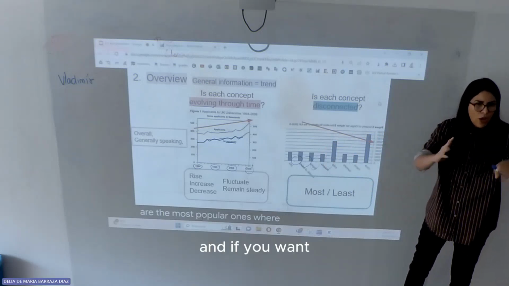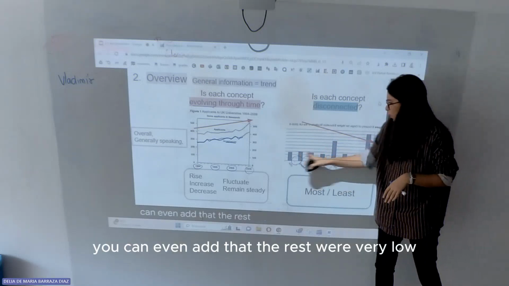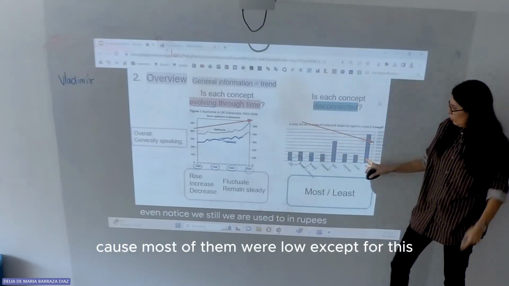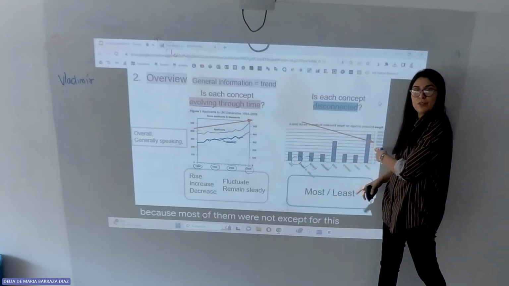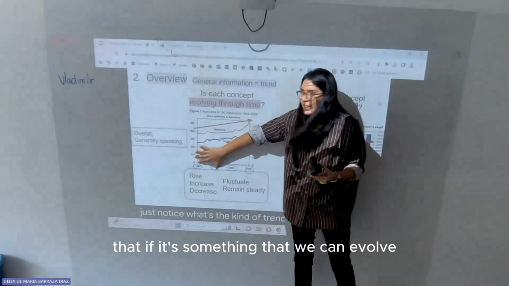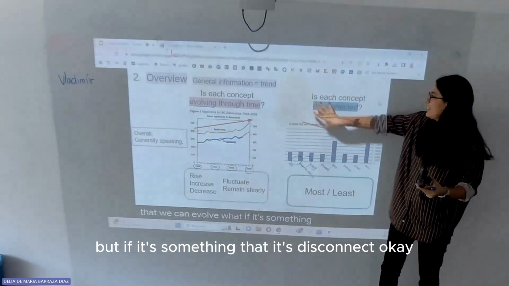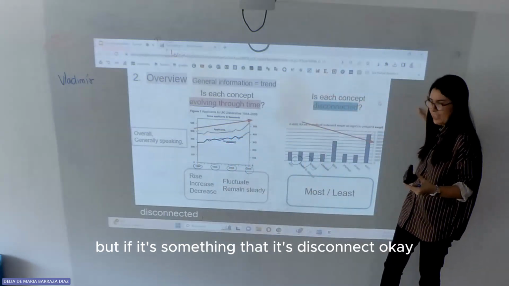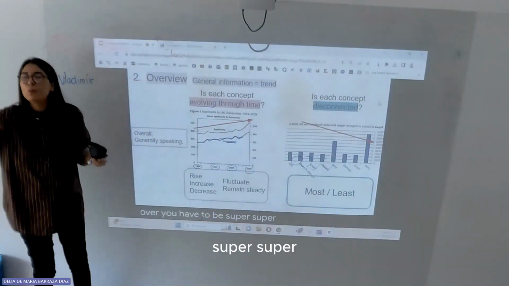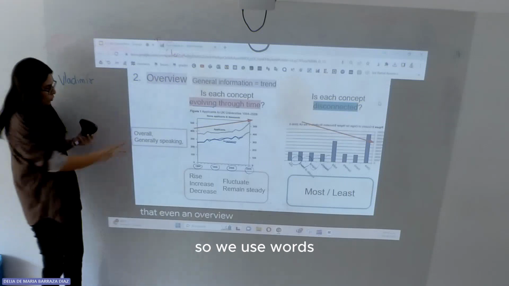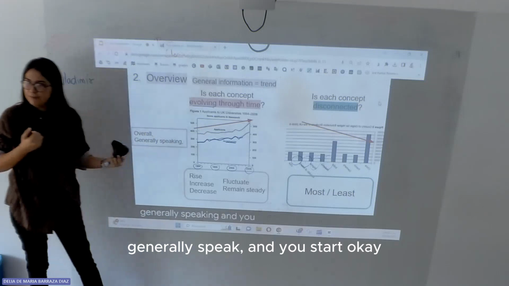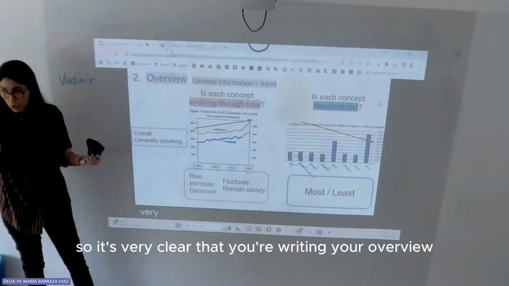And if you want, you can even add that the rest were very low, because most of them were low except for these two. So we need to just notice what's the kind of trend, if it's something that evolves, or if it's something that is disconnected. Now, remember, when we start the overview, we have to be super clear that you're giving an overview. So we use words like overall, generally speaking, and you start. So it's very clear that you're writing your overview.